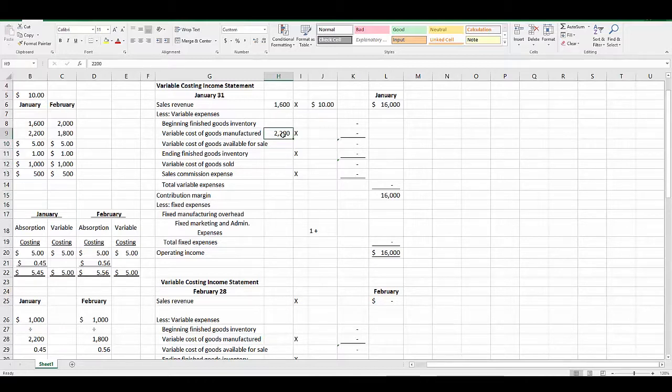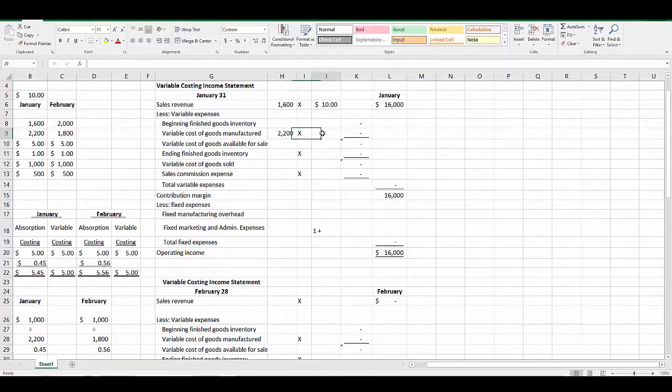So you made 2,200 units, and I'll just make this column a little larger, and the cost per unit is $5 because we're using variable costing, so it's 11,000. Then what we want to do is look at what you had available for sale. So it's still 11,000 because you didn't have any beginning inventory.